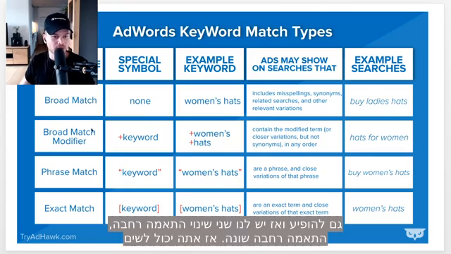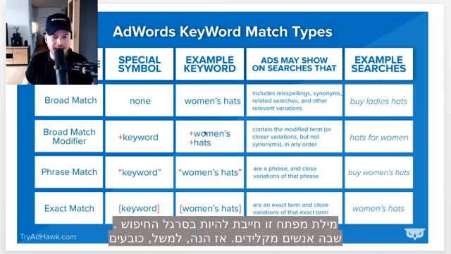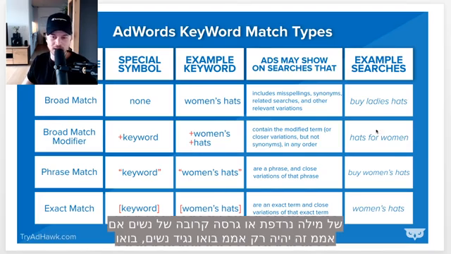And then we have the broad match modifier, the modified broad match. You can put a plus in front of your keywords, which means that each keyword that has a plus in front of it has to be in the search bar, what people type in. So here, for example, hats for women, it will show up because hats is in there and women is also in there. Women is kind of a synonym or a close variant of women's.